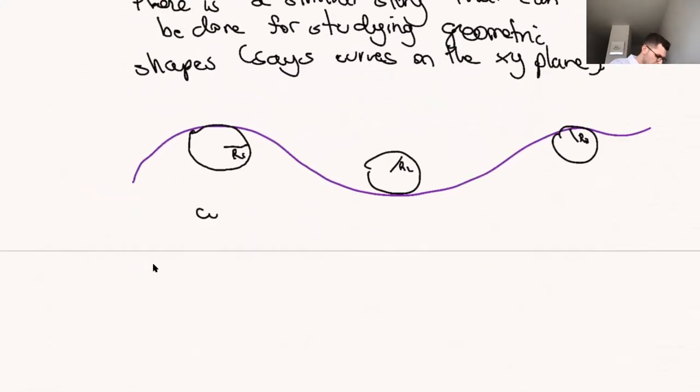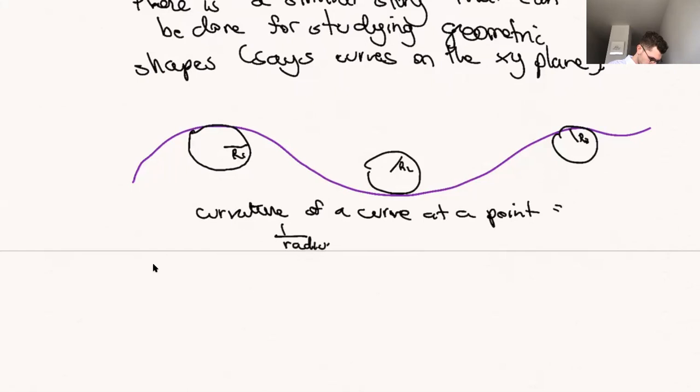And then the curvature of a curve at a point is just 1 over the radius of the osculating circle. Is that okay? Does this look familiar? Everyone remembers this?